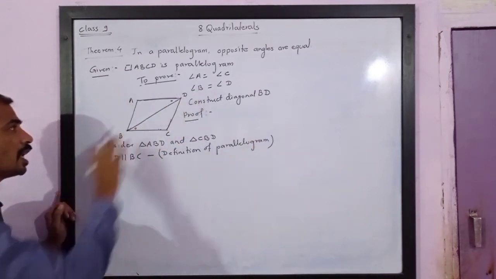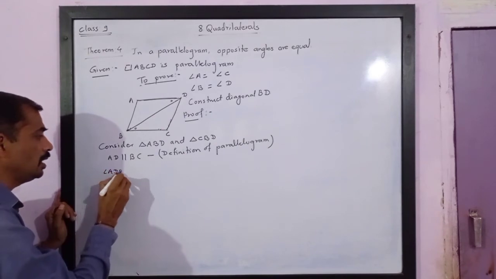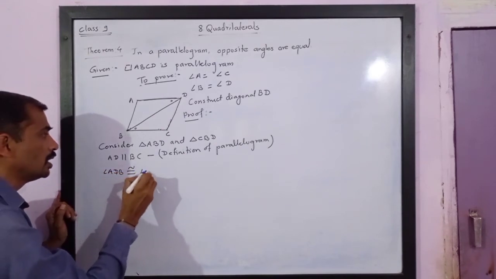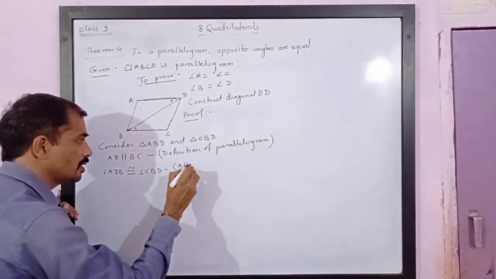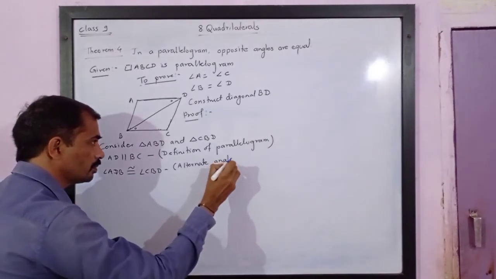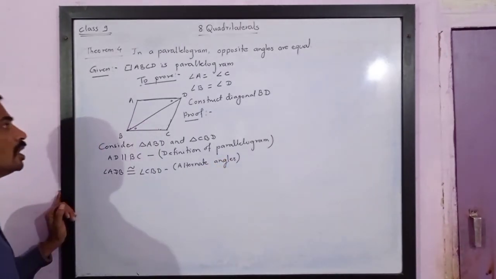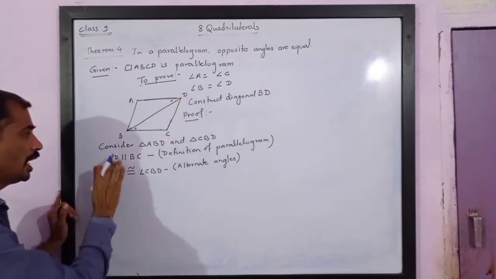Now if these two sides are parallel, it means angle ADB is congruent to angle CBD. Reason is alternate angles. Now AB is parallel to DC. Again same.